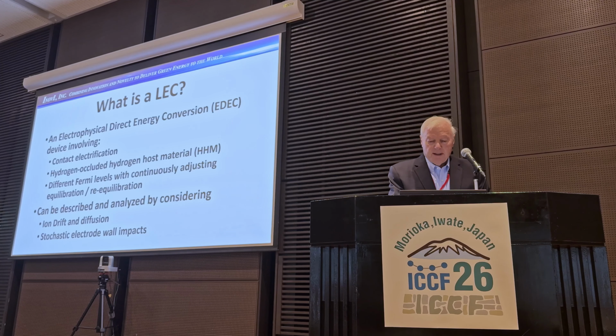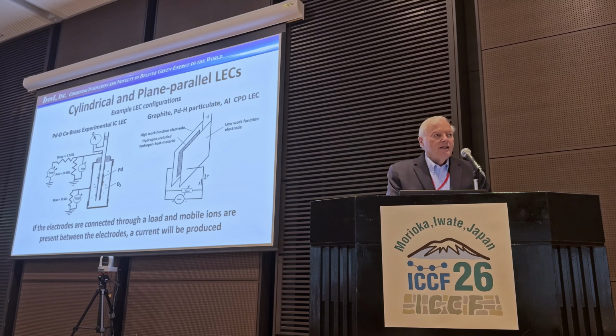I'll go into that a little bit. It's a simple looking device. On the left is just a pipe that has a pipe inside it. The one inside has palladium co-deposited with hydrogen included. The outside one is just a brass pipe.